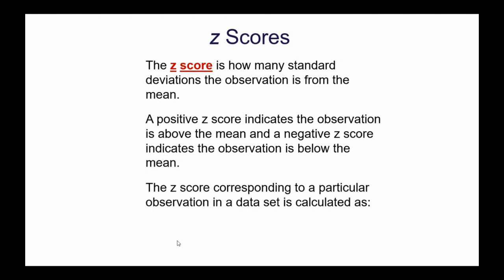And to calculate it for a particular observation, we'll take the observation minus the mean divided by the standard deviation. So to get the z-score, it's observation minus mean divided by your standard deviation.